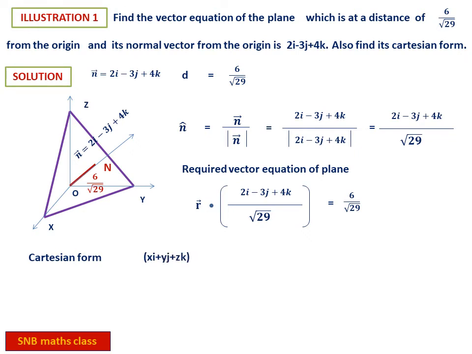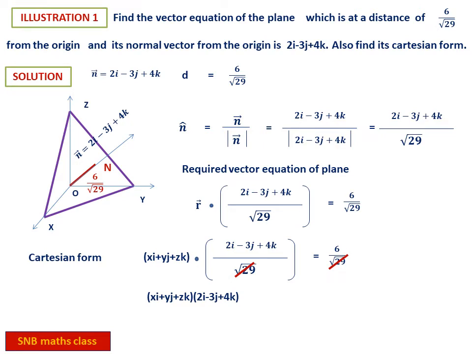Next, Cartesian form is what? (xi plus yj plus zk) that is R dot unit normal is same, (2i minus 3j plus 4k) divided by root 29, that is equal to 6 by root 29. Now you can cancel square root of 29 and square root of 29.